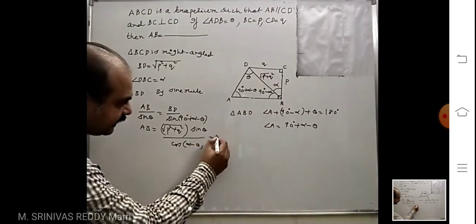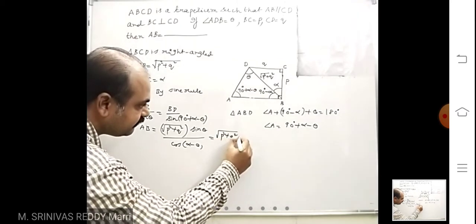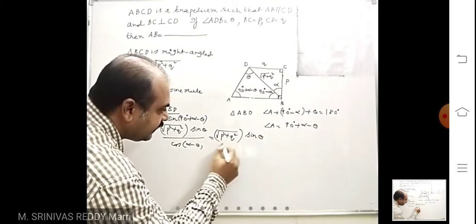Now if you look here, root of P square plus Q square into sine theta over cos of alpha minus theta. Alpha is not given in the question; we have taken it.